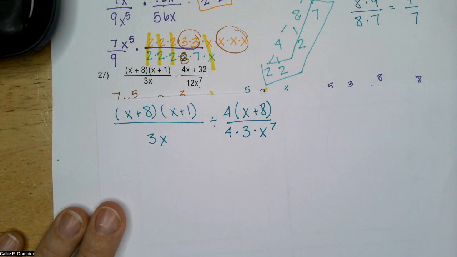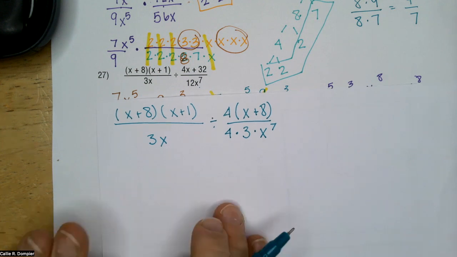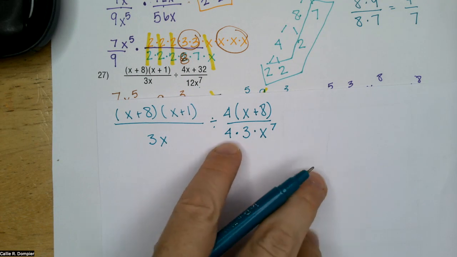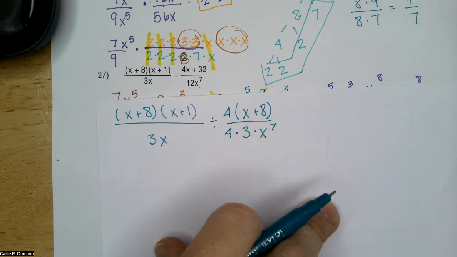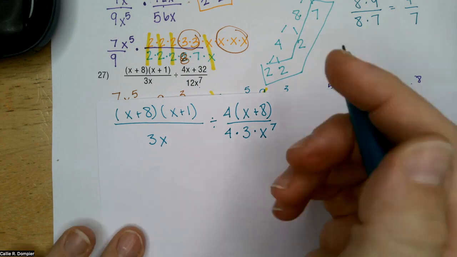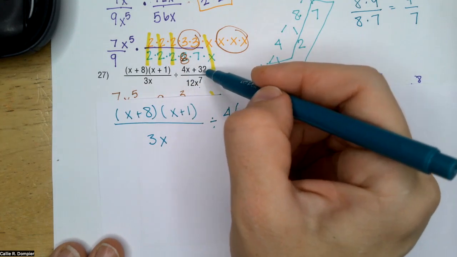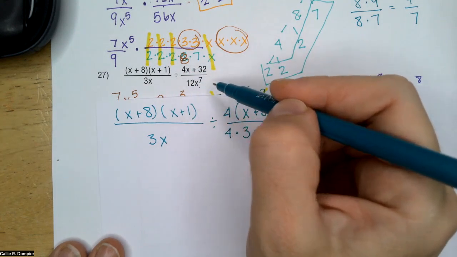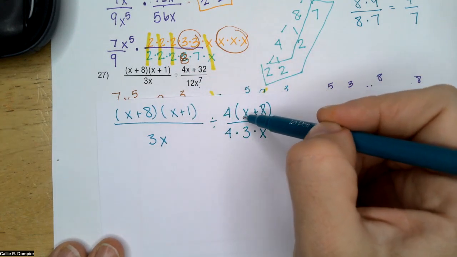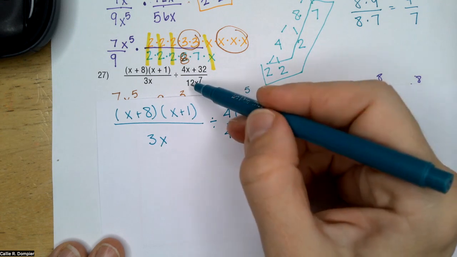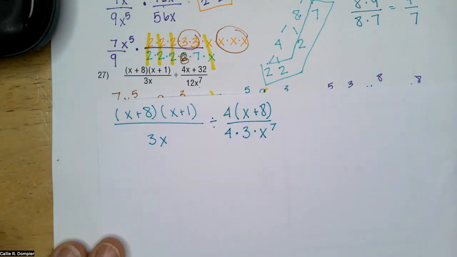I'm still just factoring as much as possible so that I can get rid of things that are common to the top and the bottom, even before I start dividing or multiplying. Okay, so instead of 4x plus 32 divided by 12x to the 7th, I'm calling it 4 times the quantity x plus 8. And then I'm calling 12 4 times 3.